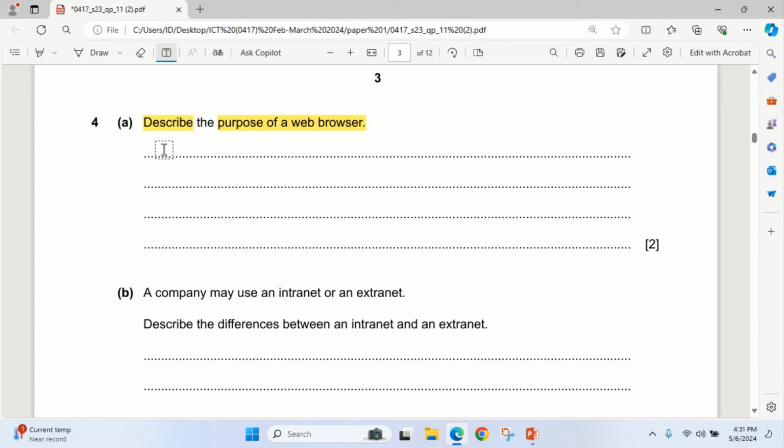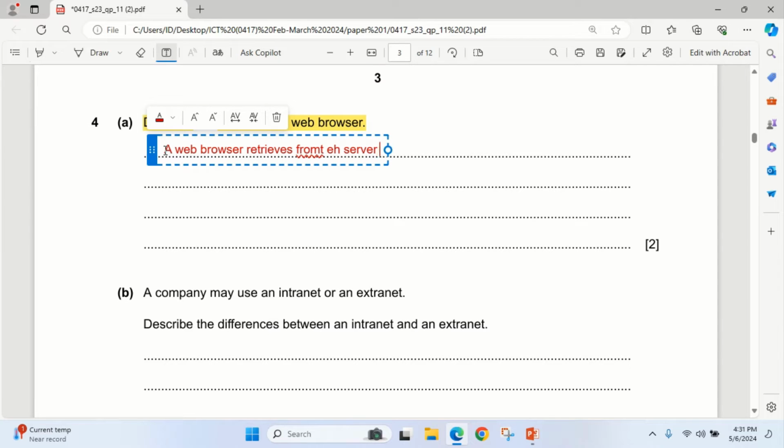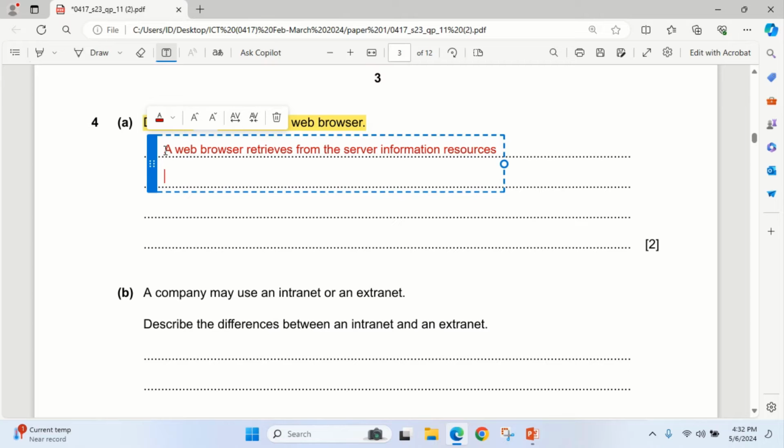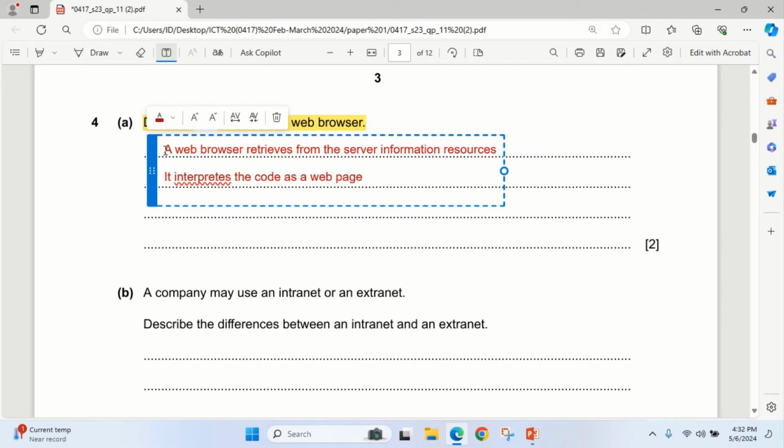You can say a web browser retrieves from the server the information, then it does not only retrieve, it interprets it such that we can understand the code as a web page, and also it allows the user to navigate to other information or other pages.